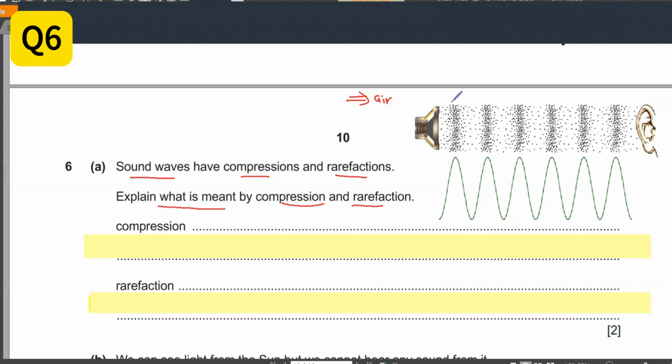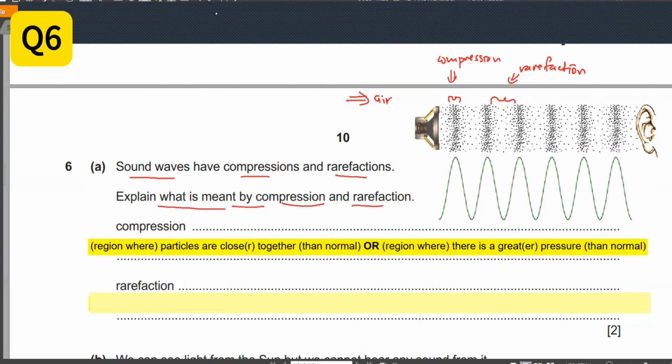We will have regions whereby the air particles are compressed and regions where air particles are away from one another. This will be the compression region, and here it will be the rarefaction region. The explanation will be quite clear.